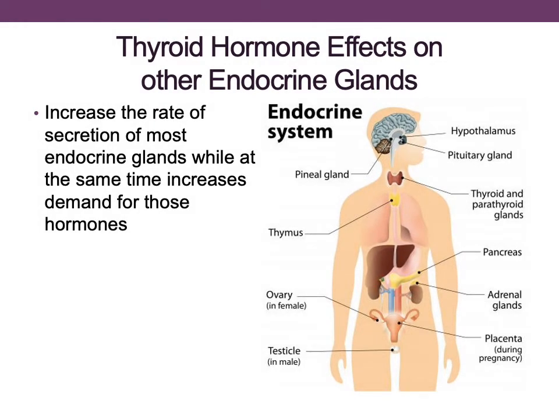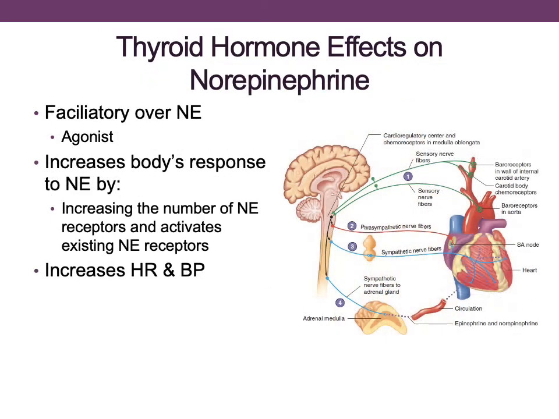Thyroid hormone effects on other endocrine glands. Thyroid hormone increases the rate and secretion of most endocrine glands while at the same time increasing the demands for those hormones, so there won't be an imbalance. Thyroid hormone effects on norepinephrine. Thyroid hormone is facilitatory over norepinephrine.